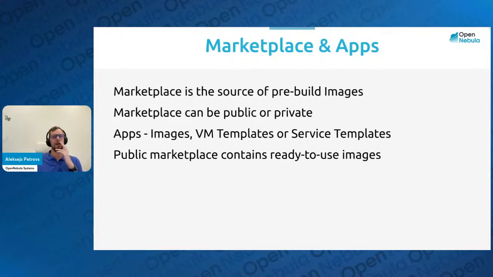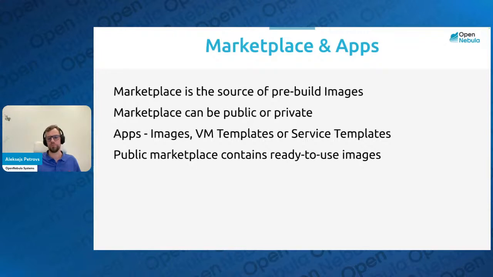But you may say, hey Alex, wait a second, you're talking about images, but this topic is marketplace and apps. Why is it like that? Well, you see, marketplace is a little bit more than just plain images. In marketplace, we have, of course, images, but also virtual machine templates or service templates.